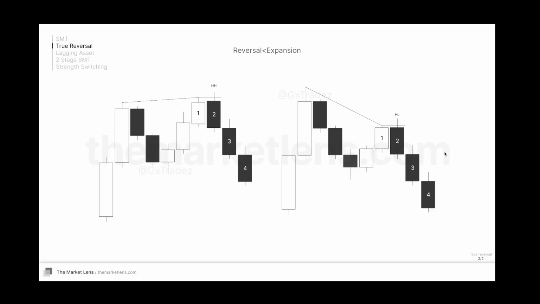So if this asset is not showing the willingness to trade away, well, they're not correlated, right? So for a true reversal, all assets need to be in agreement in support of some sort of reversal or expansion, right? So all assets need to expand in order to expand, right?